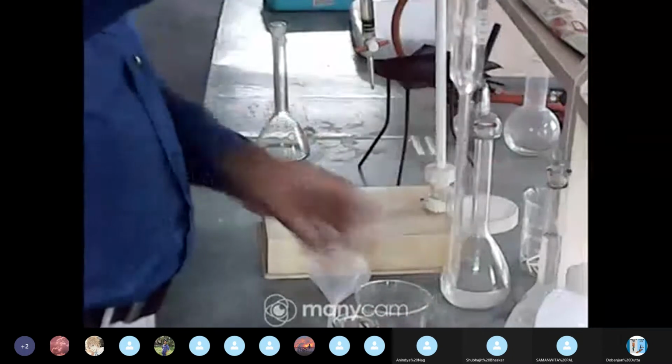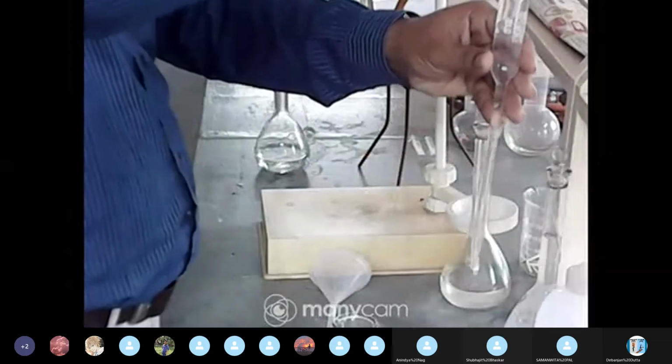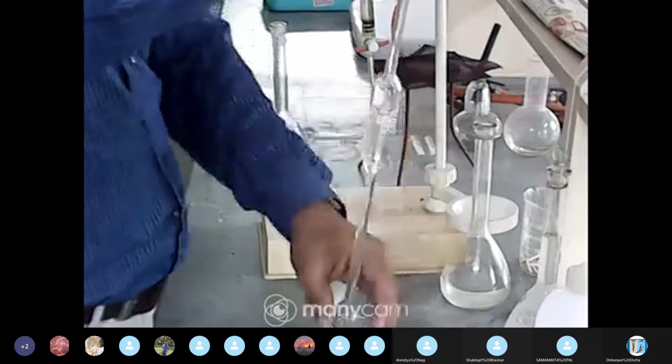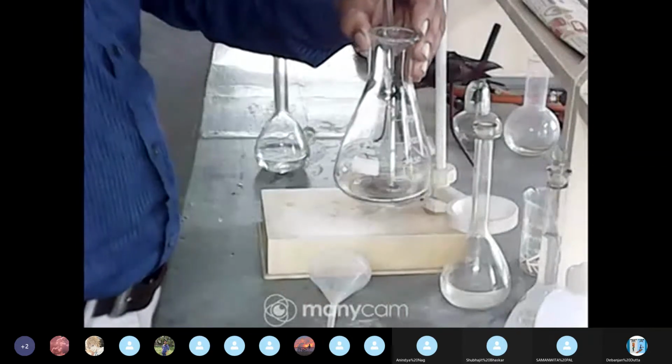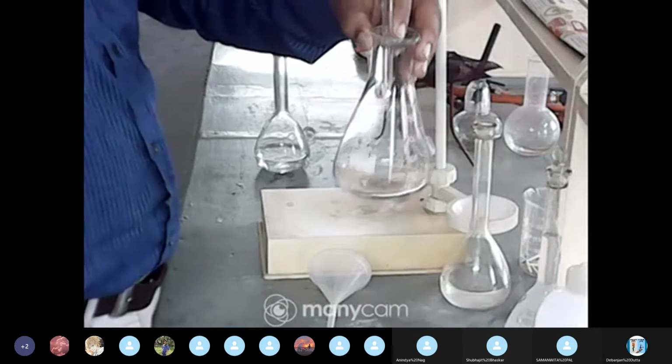I am telling you about the adjustment of the finger. Transfer it to the conical flask completely.